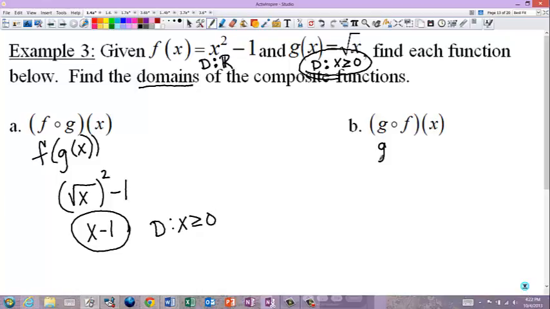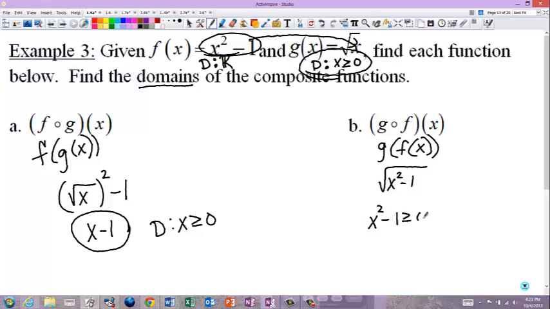G of f, I plug my f into my g, and it'd be the square root of x squared minus 1. Now this is the tricky one, because what's underneath the square root has to be greater than or equal to 0, and that's the one where we would have to do a sign graph. So we'd have 1 and negative 1.